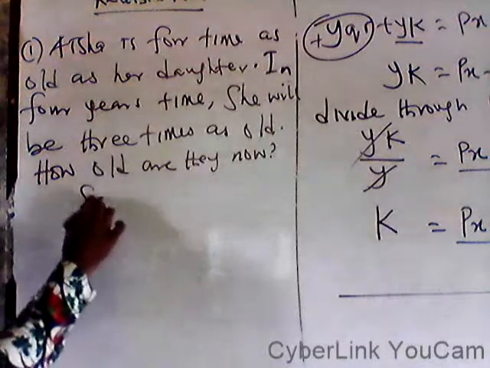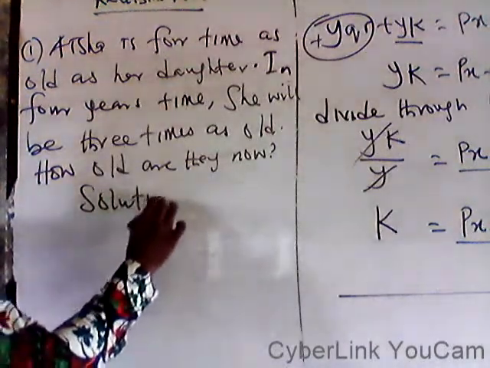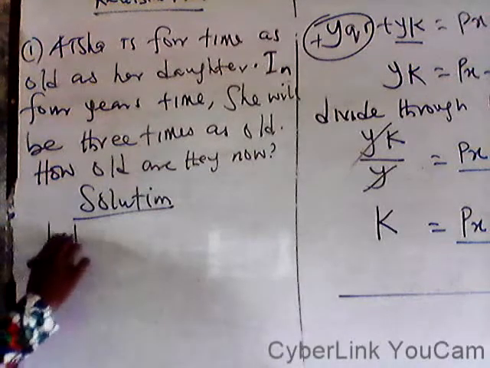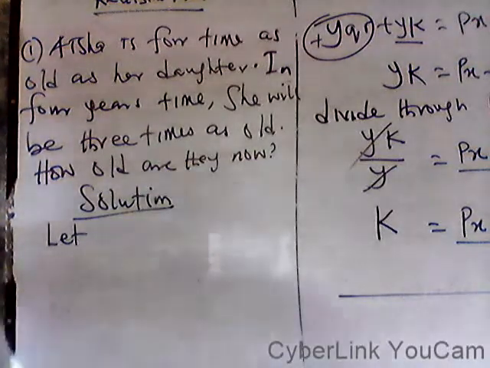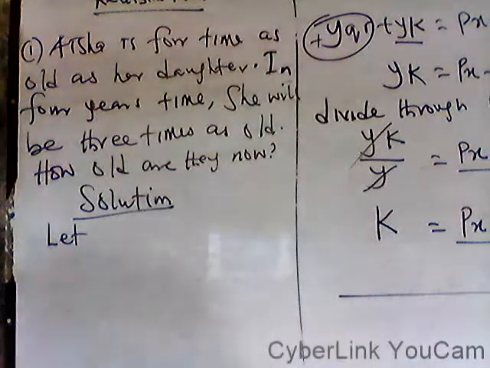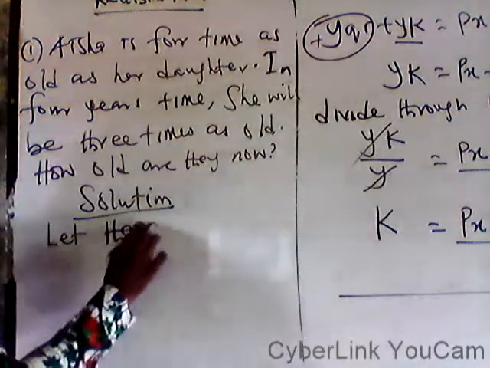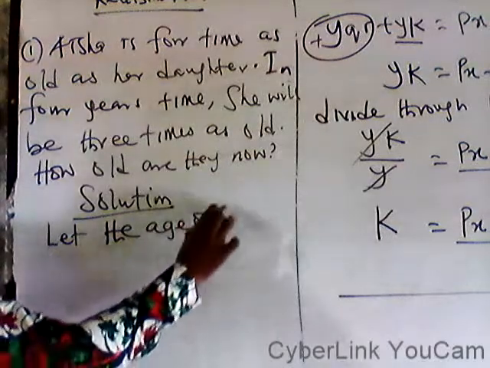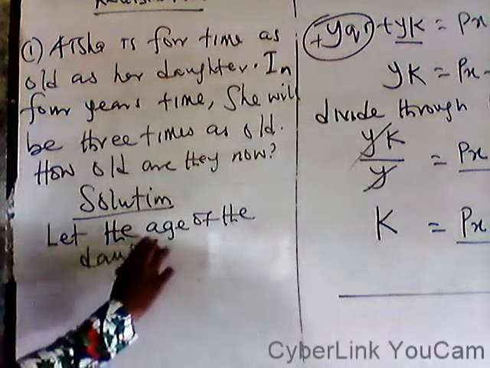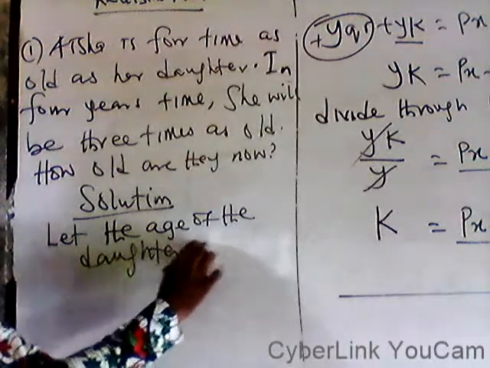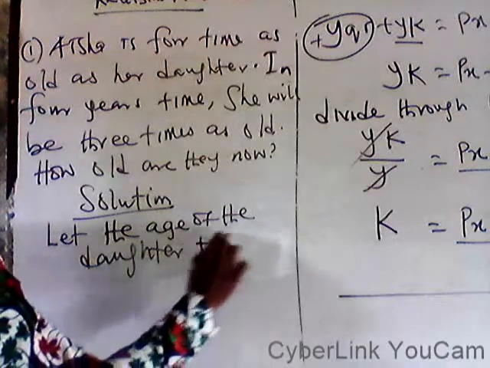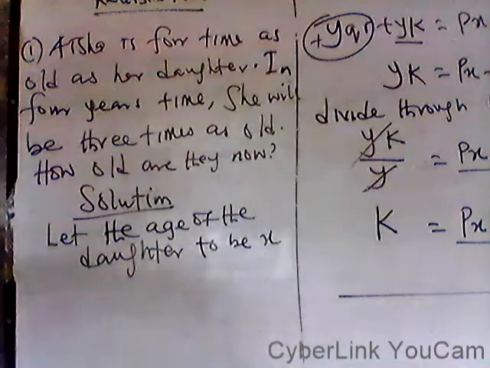We're going to write our solution, and we say let's... we have 2 people here. We have a daughter and we have a mother. The name of the mother is Aisha. Now let the age of the daughter be X, right?